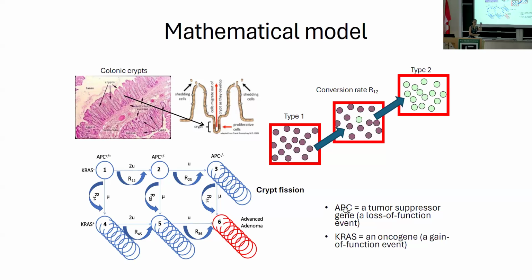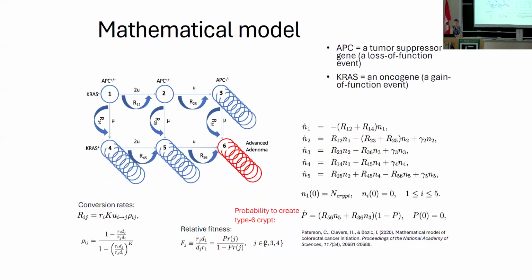So the fold of cells, like the crypt, multiplies, duplicates itself, and creates like a whole population of clones of that crypt. And it happens with all of these, not the wild type, not the intermediate one, but everybody else undergoes this process of crypt fission. Okay, so this is something that is known.